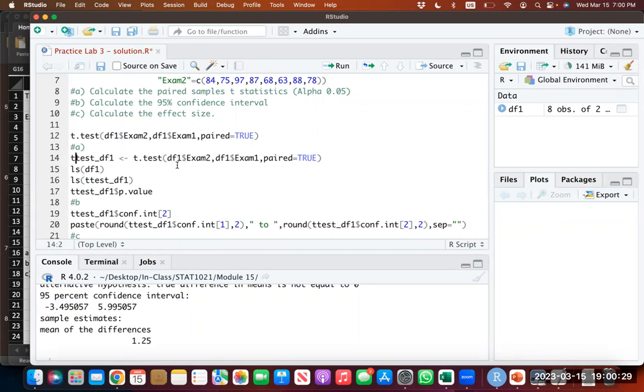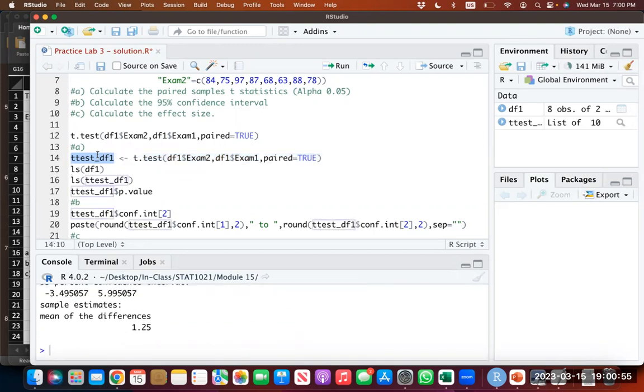Line 14 takes this t-test command and packs it into a different object. It does nothing else but create an object, label that object ttest_df1, and put that t-test in that object. If you run that line and inspect the result, it shows the same thing.